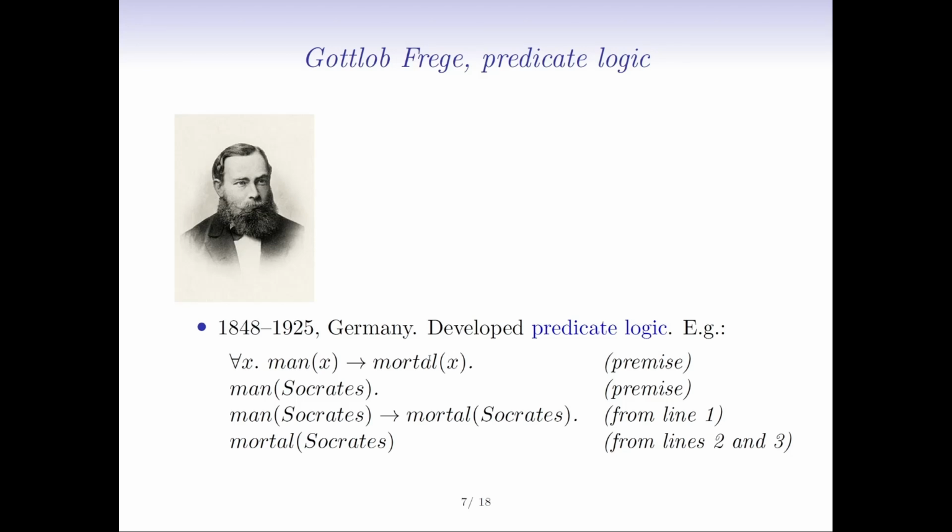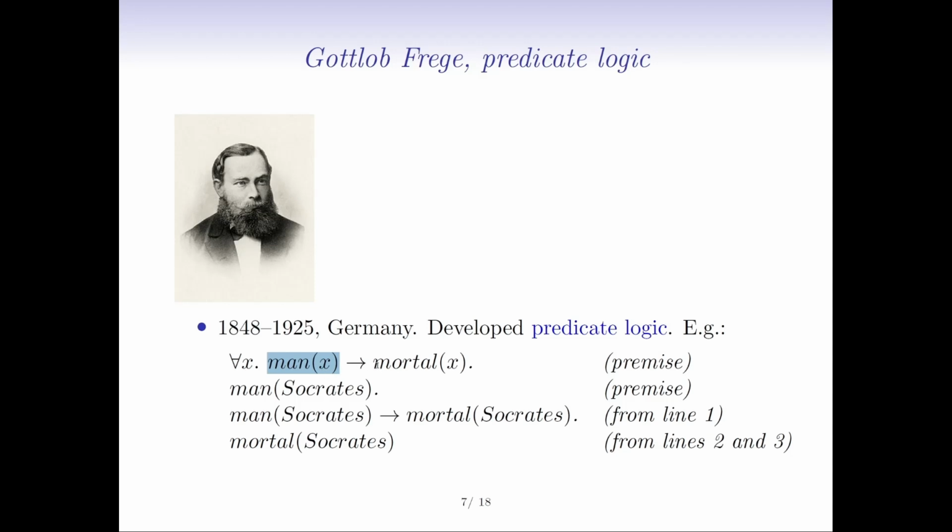The first line, the first premise, is a translation of the statement "all men are mortal." So this upside down A should be read as "for all" X. So this here means for all X, and then we have the formula man of X. Man is what is called a predicate, or a property of objects. So man of X stands for X is a man.